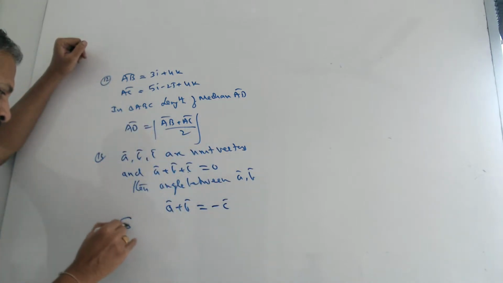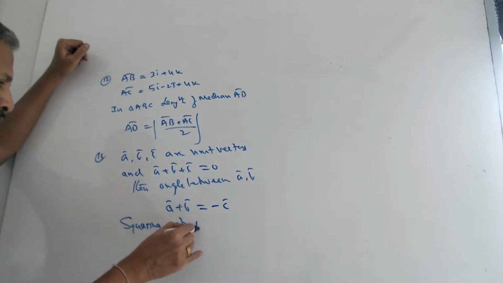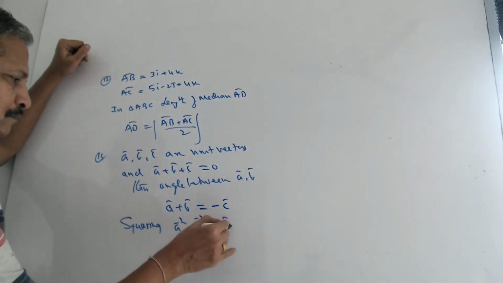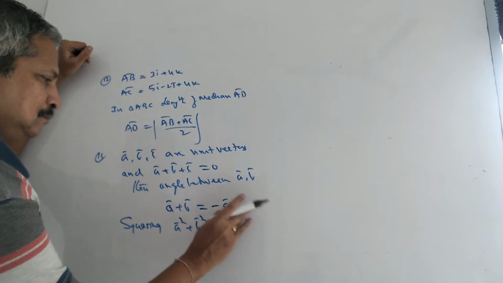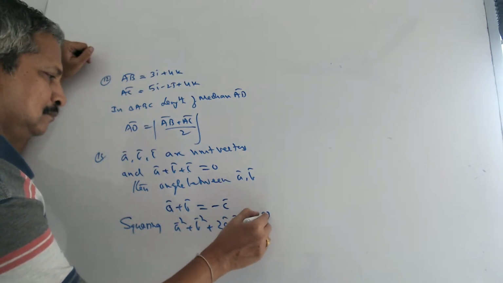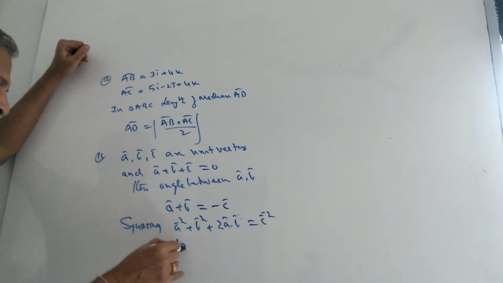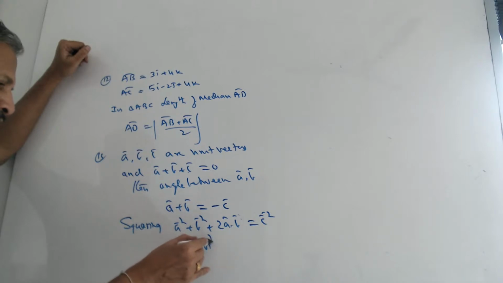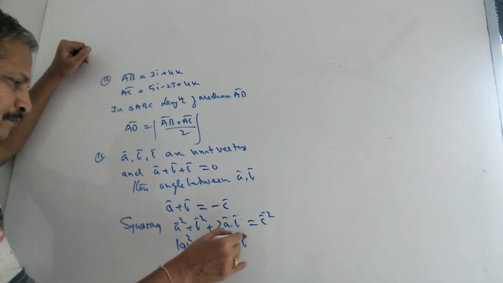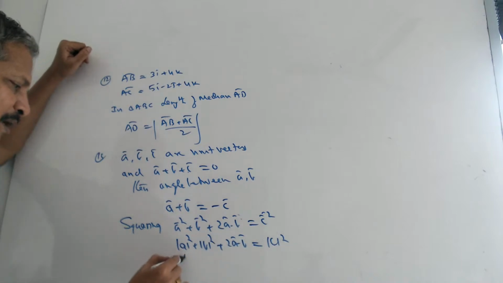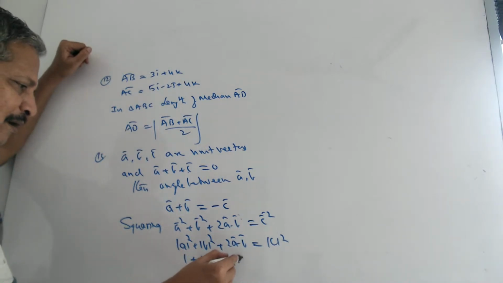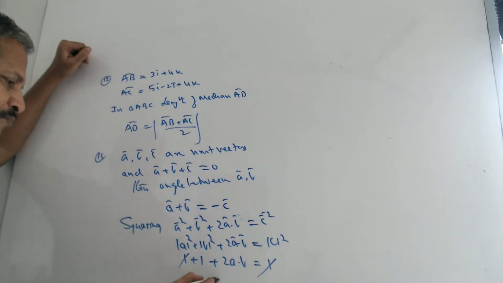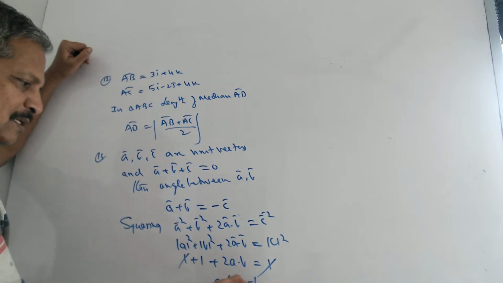Now square it. I already told you A square is mod A square. A cap square 1, 1, 2 A dot B is equal to 1. A dot B is minus 1 by 2.